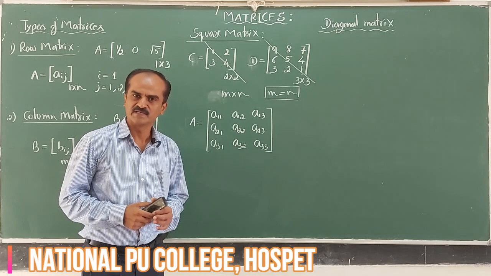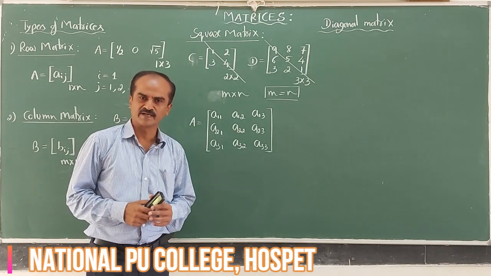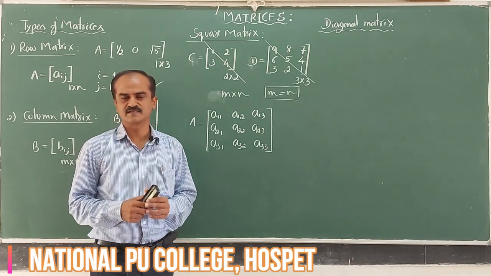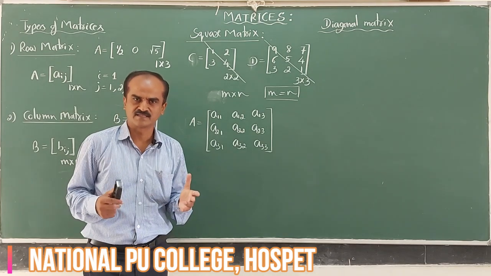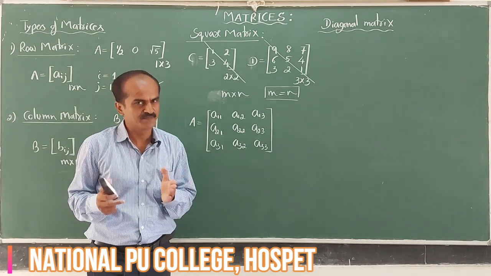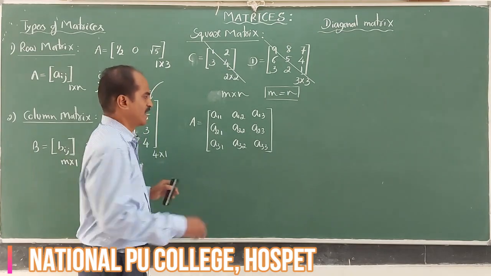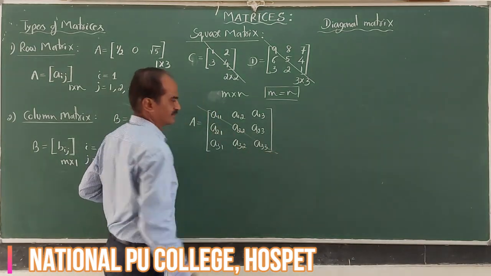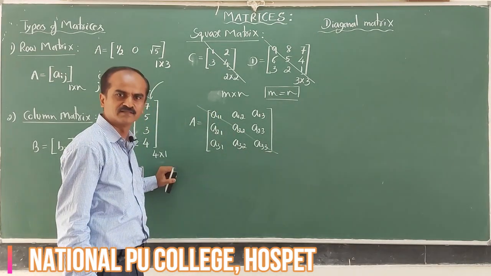Why I have written this means, by looking at the suffixes we can say which elements are diagonal, which elements are non-diagonal. Observe the diagonal elements and observe their suffixes. They are equal.